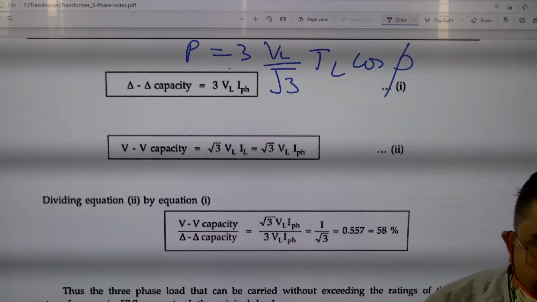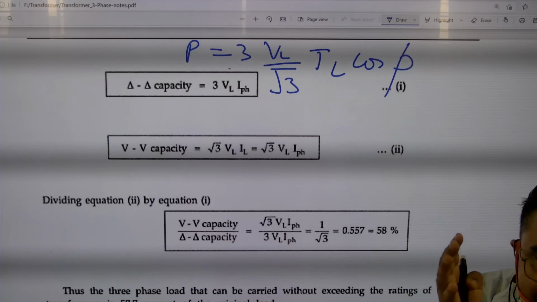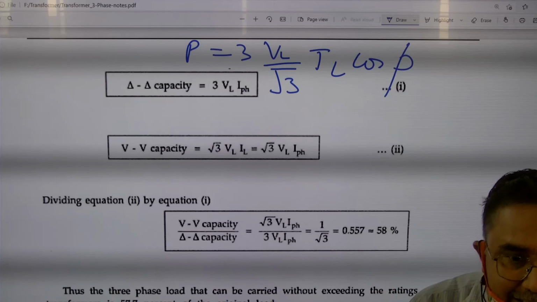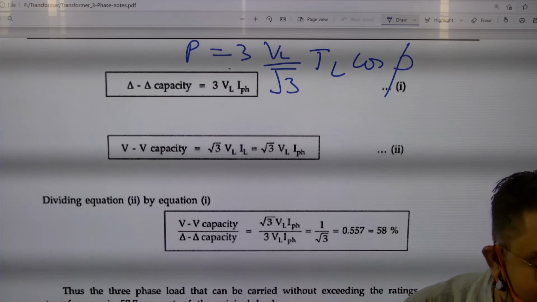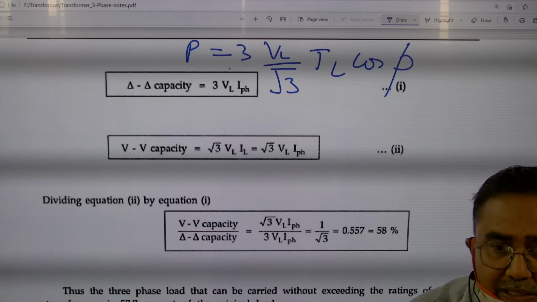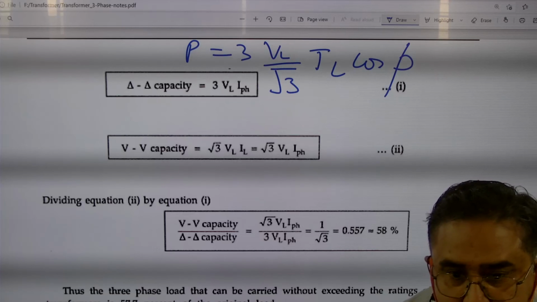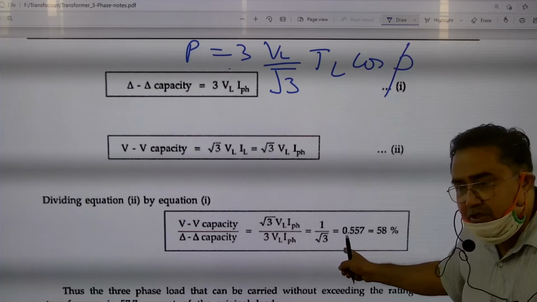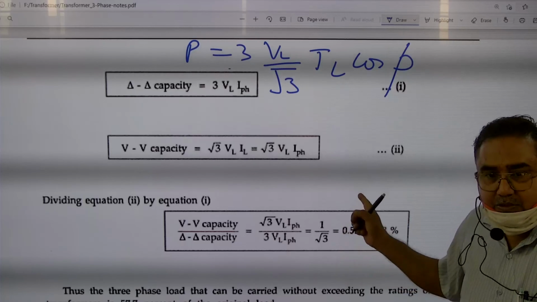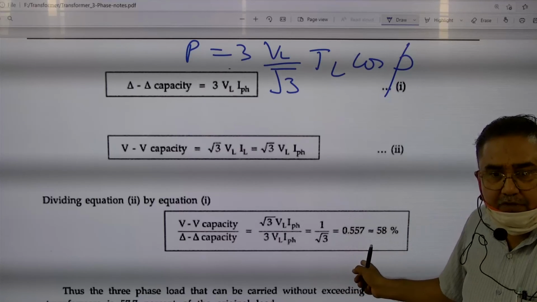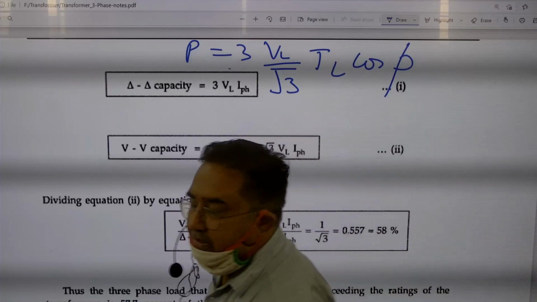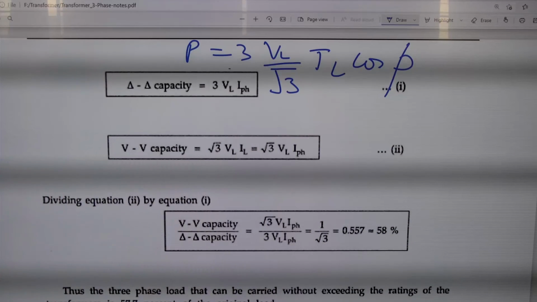So common sense says that it should be 2/3. 3 थे ट्रांसफार्मर, एक हट गया तो कैपेसिटी कितनी होनी चाहिए? 2/3. उसको परसेंटेज में कन्वर्ट करेंगे तो 66.67, something like this only. But when we calculate, the transformer is operating at a reduced capacity of 58% rather than 66.67.